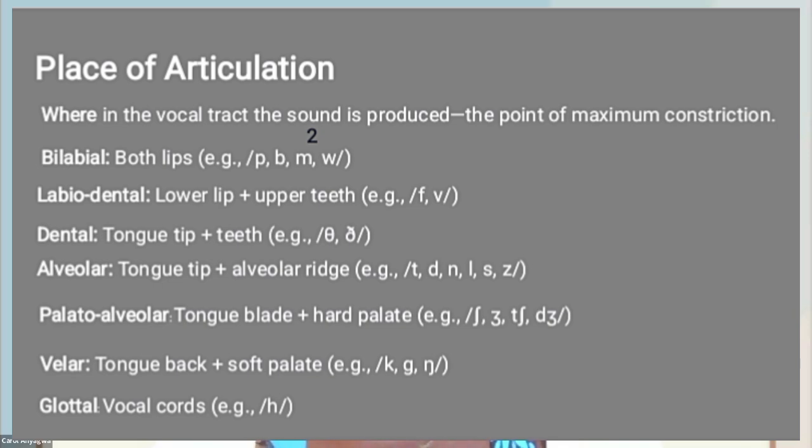Look at bilabial sounds, for instance. Bi means two, labial lips, two lips. So you can easily tell what sounds are produced with two lips by bringing your two lips together and blowing air through them. Very easy to tell. You can try it.